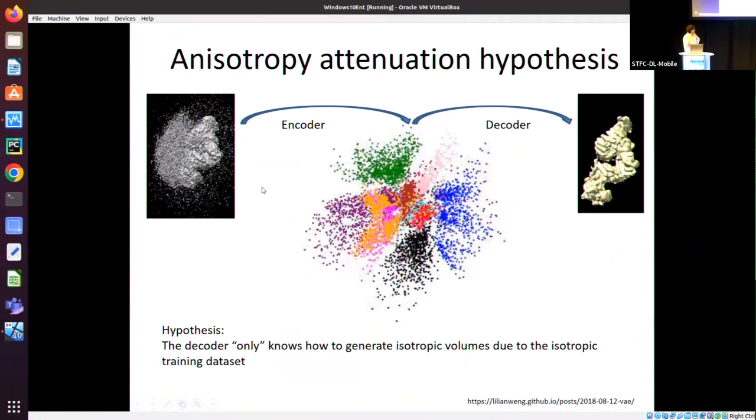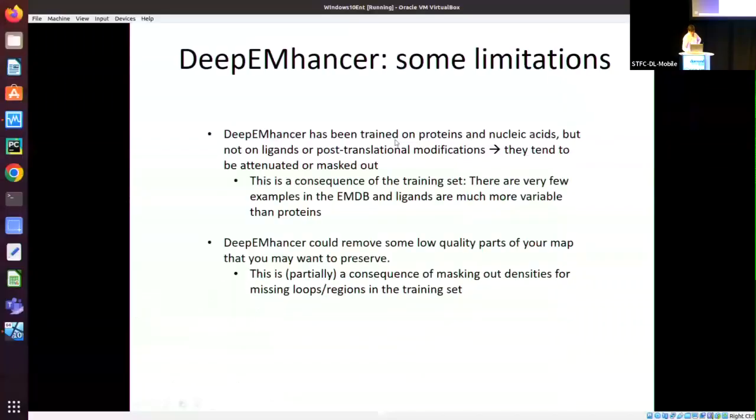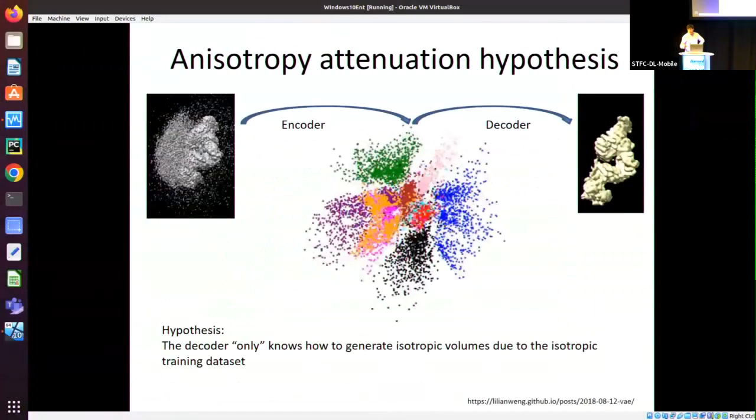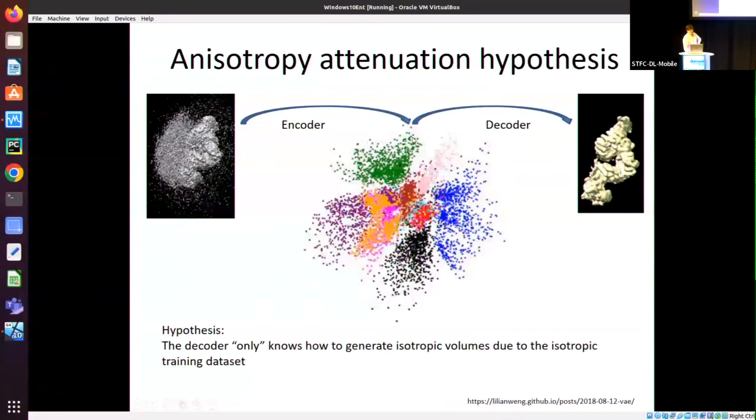part would do its best to try to map this input to some point in this latent space. And depending on how bad the input is, the result would be better or worse. But the decoder only knows how to translate latent space points into isotropic results.